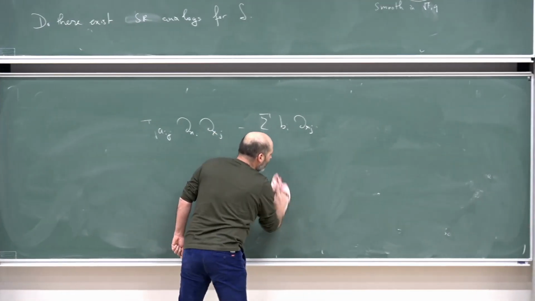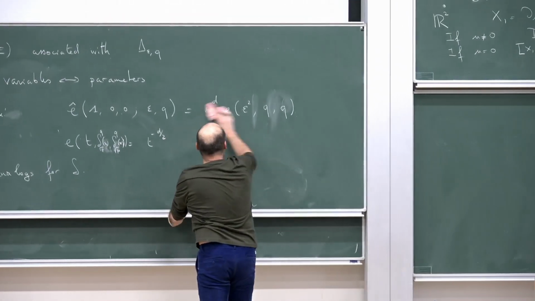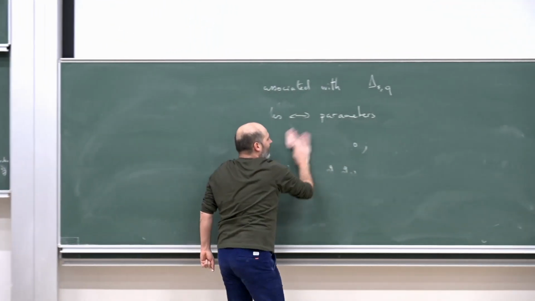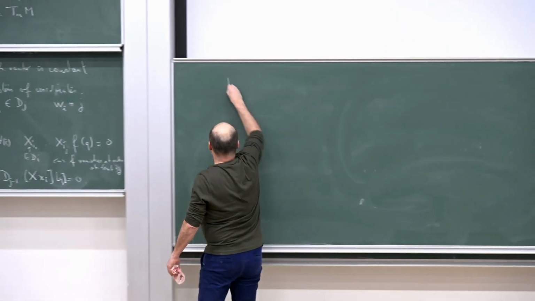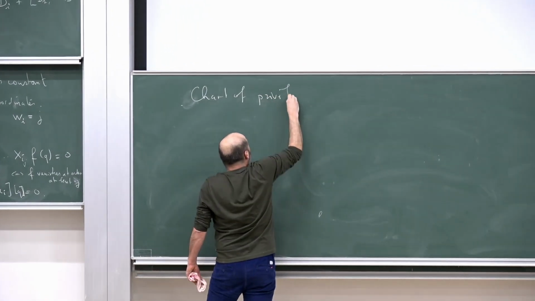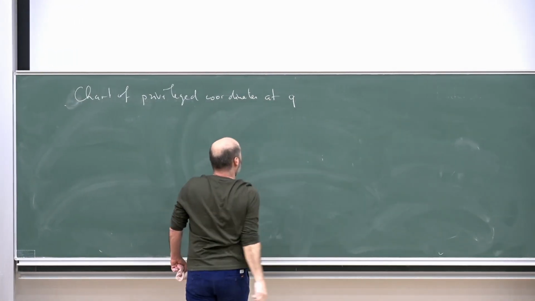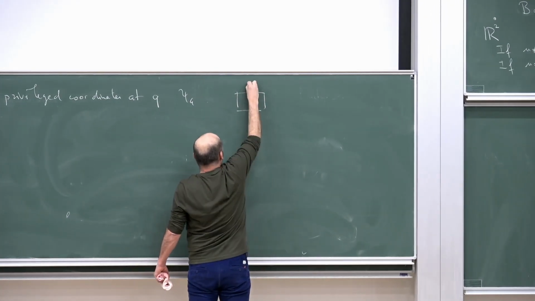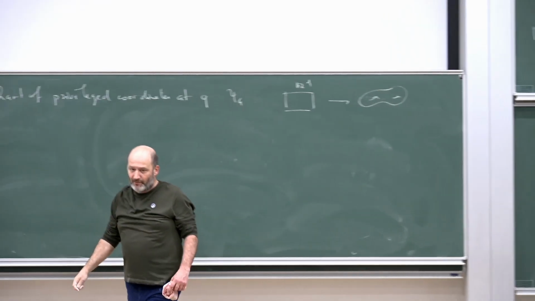The thing is that this condition is made to define dilations. So now, in privileged coordinates at q, you take a chart of privileged coordinates at q, my chart psi_q, which goes from R^d into M. I haven't checked if it was the correct convention or the opposite convention.